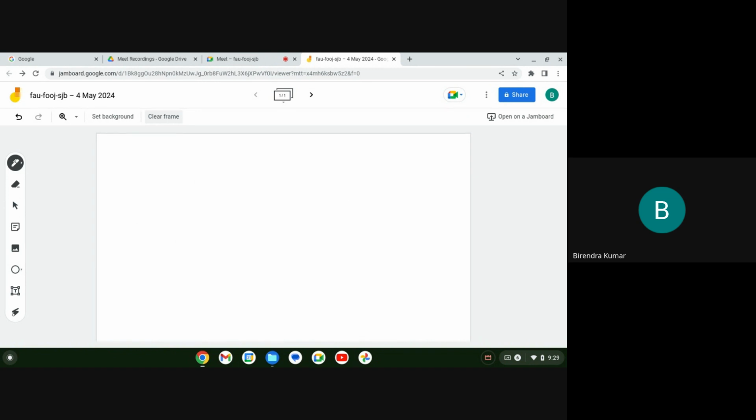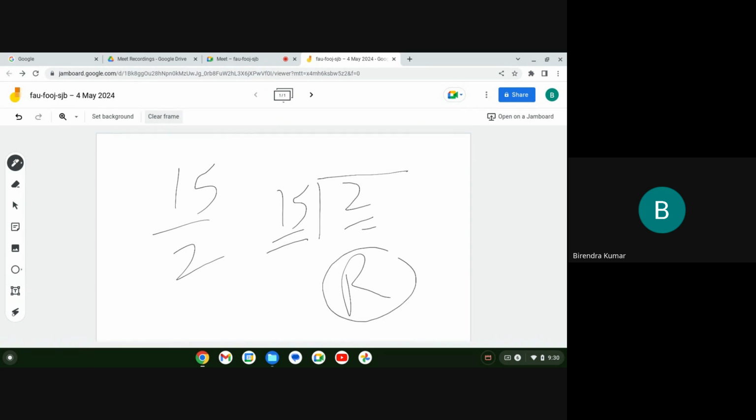If I say 15 by 2 and I do it like this, I'm not dividing 15 by 2, I'm dividing 2 by 15. Correct? So English has to be right for the math to be right. And that is why reading plays a very important role.